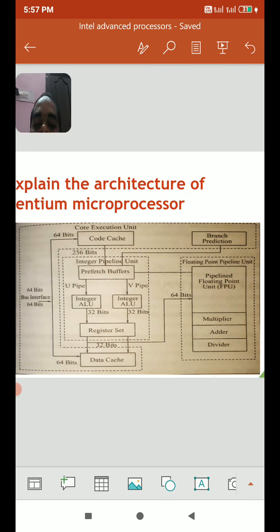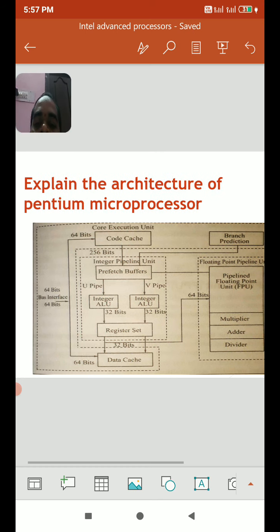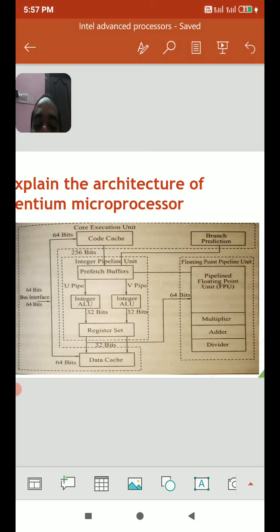In the integer pipeline unit we have blocks like prefetch buffers, and two pipes are present. That means a pipeline structure is present in the Pentium: the U pipe and the V pipe. That means two ALUs are present.